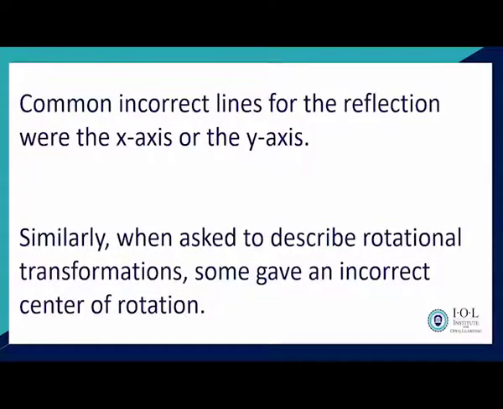With reflection, the students also sometimes confuse the x-axis and the y-axis. Similarly, to describe the rotational transformation, some gave an incorrect center of rotation because they are switching between the x-axis and the y-axis.